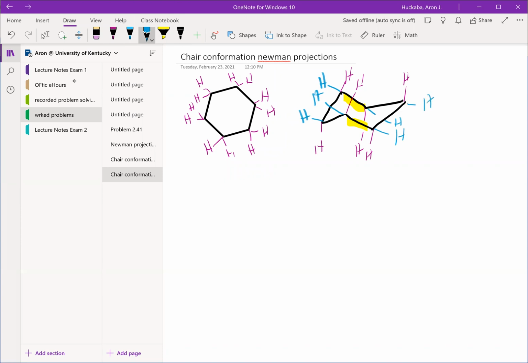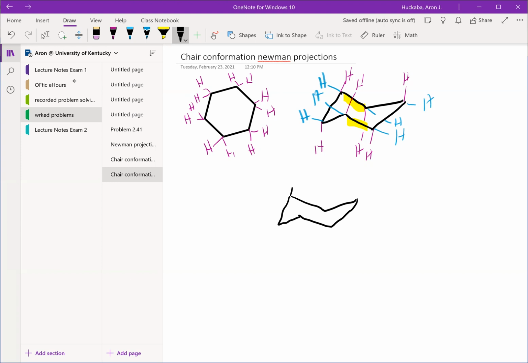Okay, and we talked a little more in section, I believe that was 4.11. Maybe it's 4.10. 4.10 or 11 about how in cyclohexane chair conformations, you can also draw Newman projections.